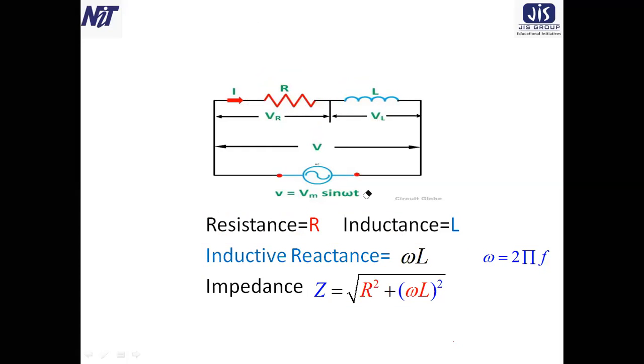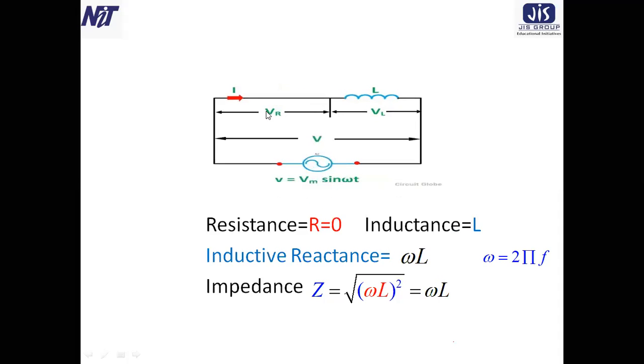Now, if some situation occurs where R is not there, that means the value of R equals 0, so only the inductor is there. Then the inductive reactance will be omega L, where omega equals 2 pi F. So the impedance is root over R square plus omega L whole square, but R is 0. So Z equals root over omega L whole square.